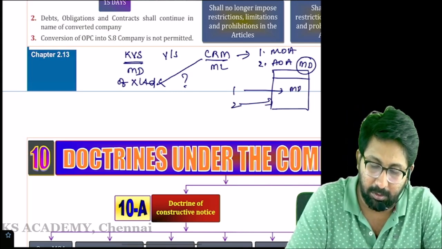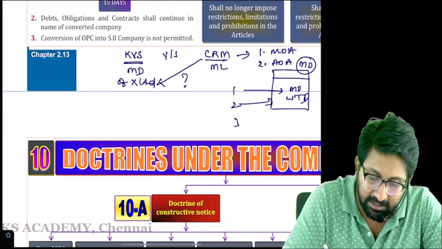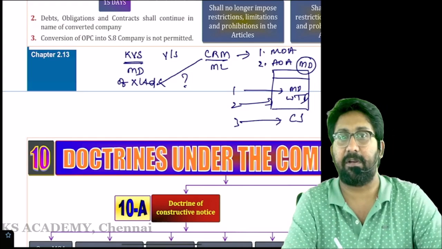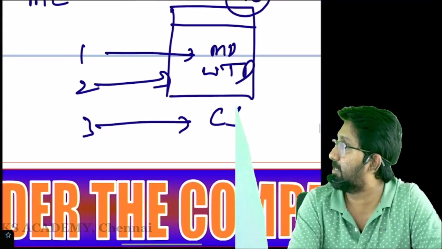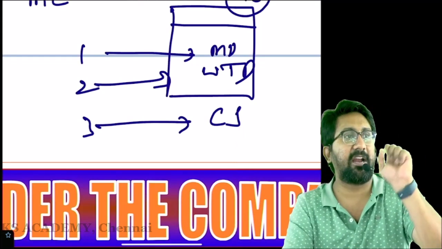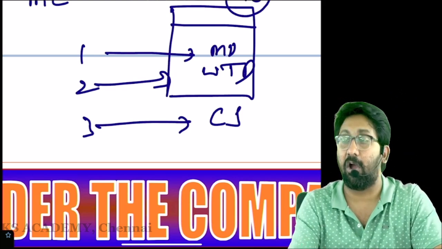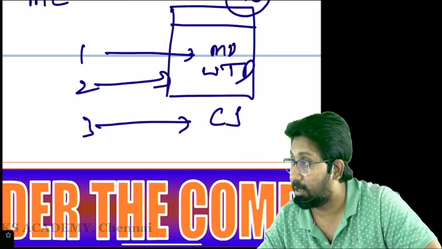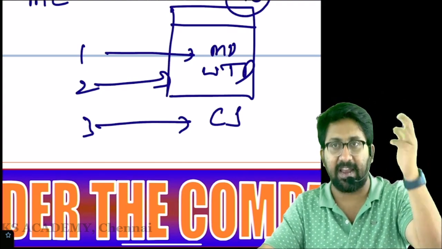Number 2, by the whole-time director. Number 3, by the company secretary. Tell me who are the 3 persons that should sign? Managing director, whole-time director, company secretary. All the 3 have to sign on what? Or else the mortgage deed doesn't have any validity.